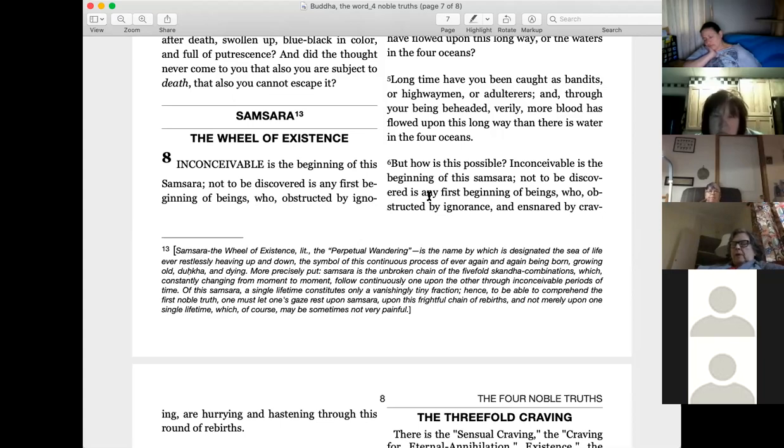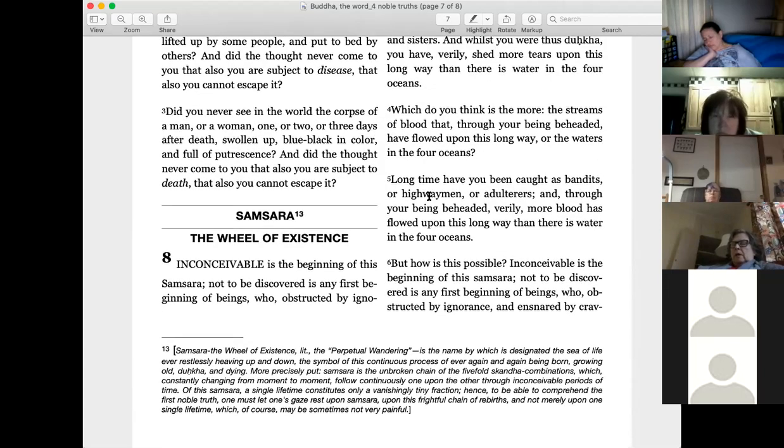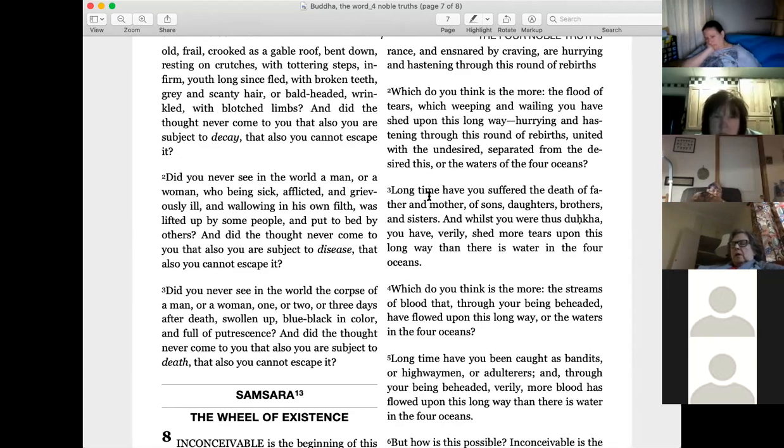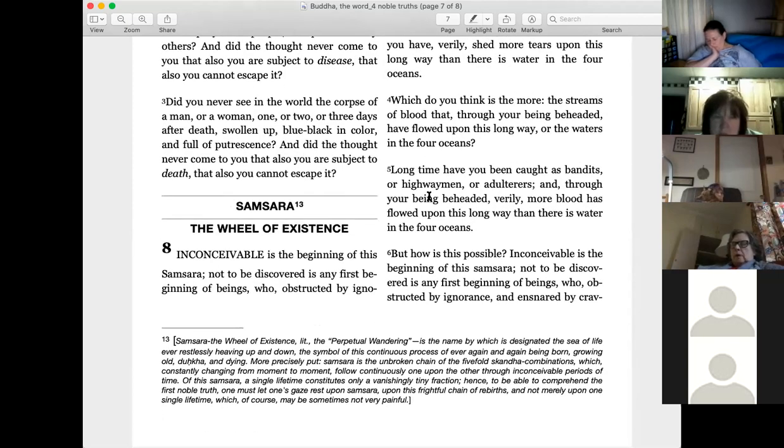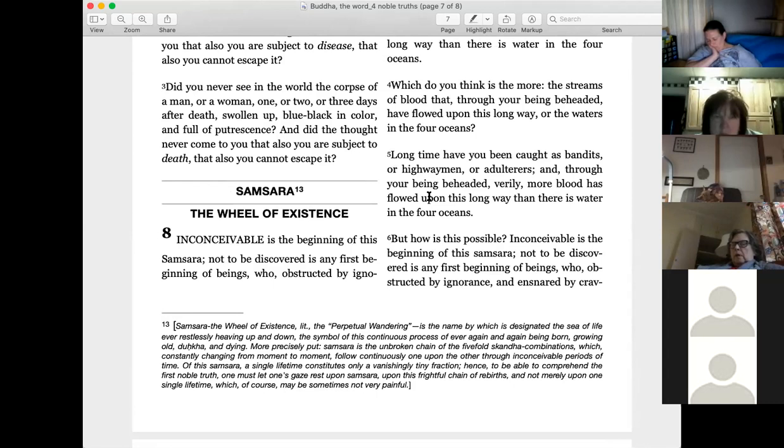So he explains this with Samsara, I'll read the way he wrote it, that inconceivable is the beginning of the samsara. We can't conceive of when this whole process started.